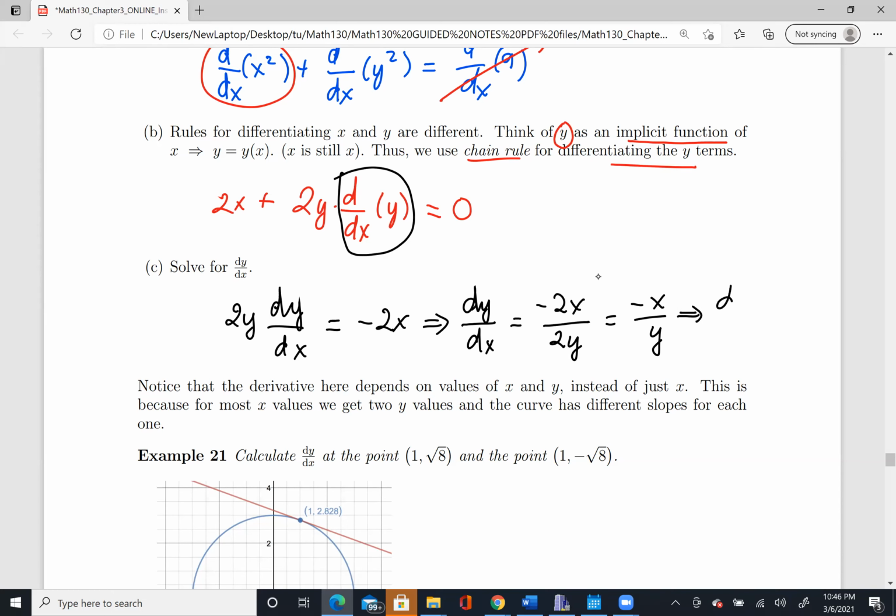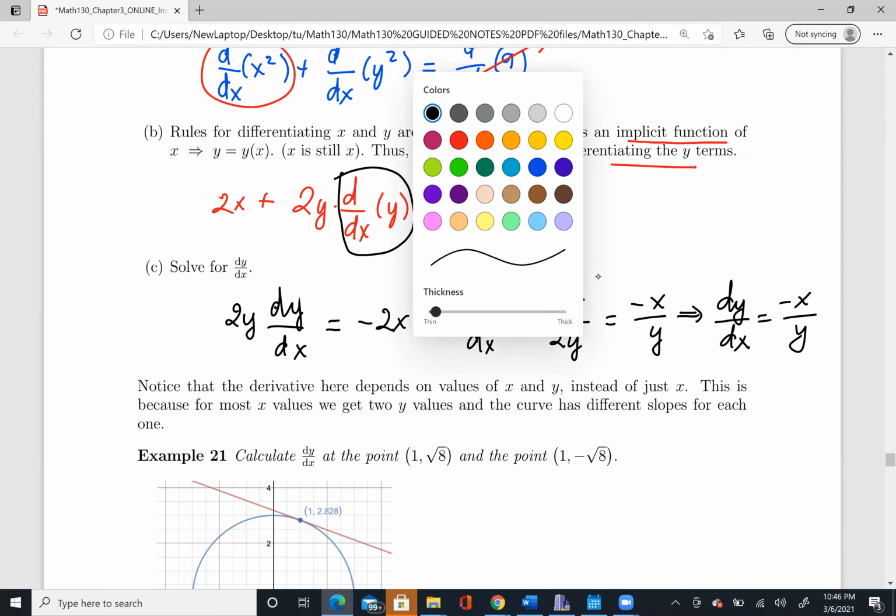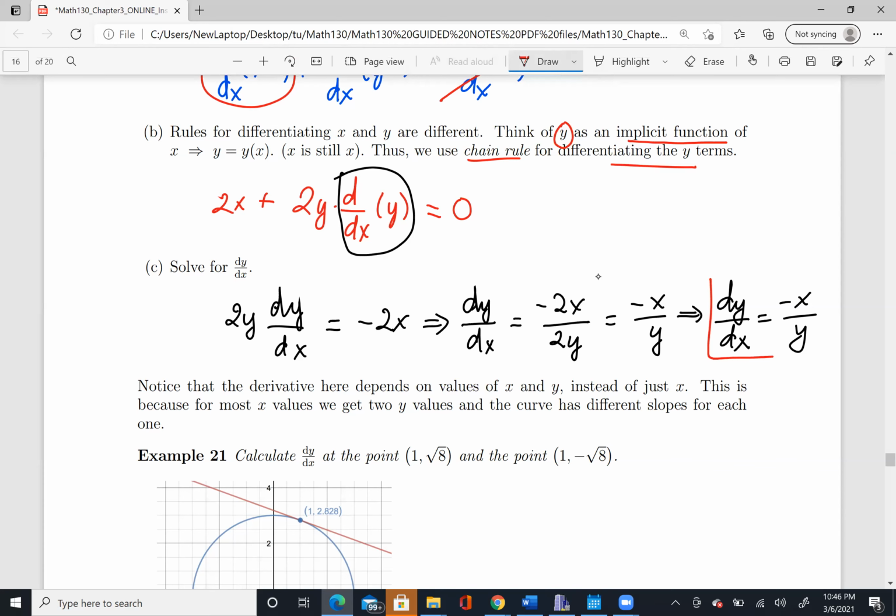So you have the conclusion: dy dx, or the derivative of y with respect to x, equals negative x over y. And that should be the answer for this example.